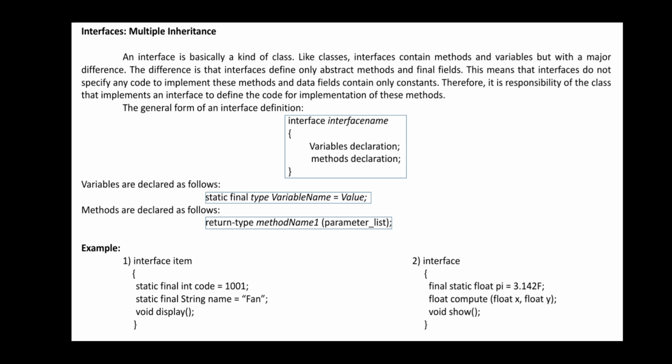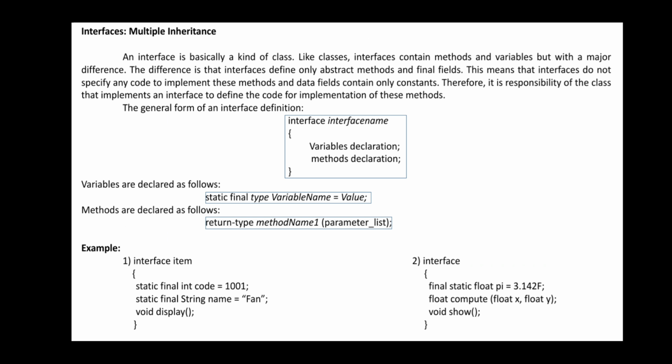Static final String name is equal to fan. Void display is declared here, but no code is written. This function's code can be written in a different class where you are going to access this interface within the program.